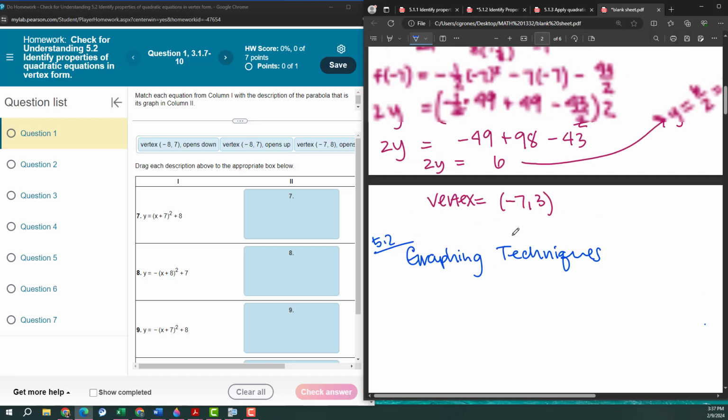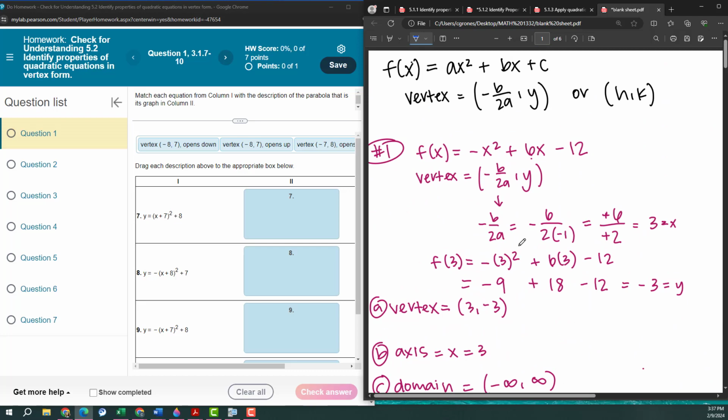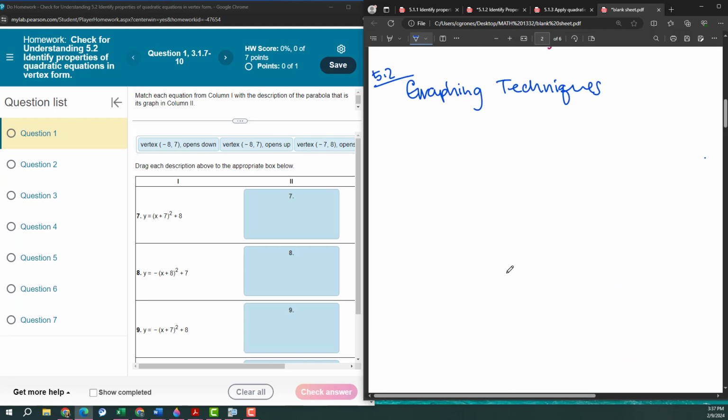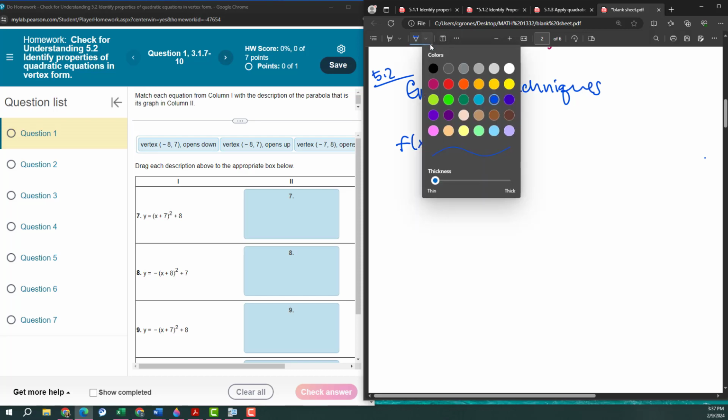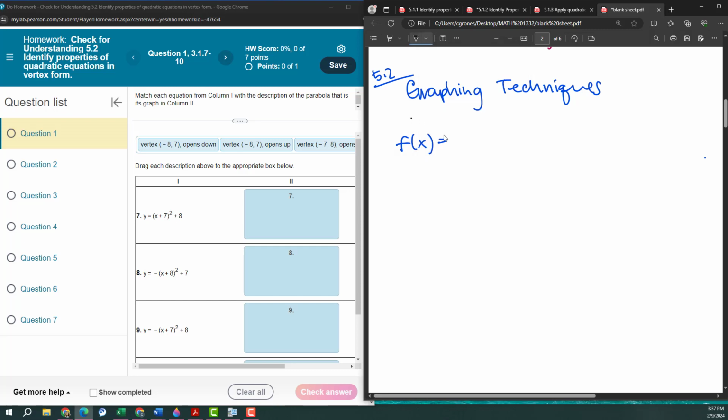I need to put 5.1 up here. So for our graphing techniques, we have f of x equals, and I'm going to change up some of these colors. I'm going to put a right here. Just remember that it goes with purple.